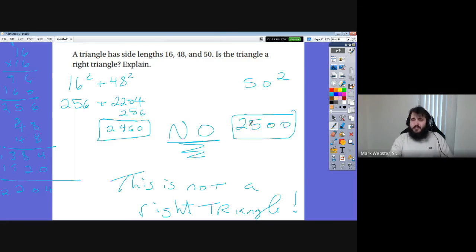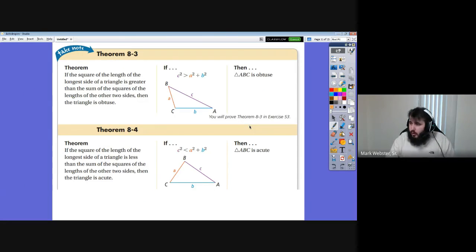All right, continuing forward. So if they're not the same, what do we do? I like to base it on what C is, what the hypotenuse is. Hypotenuse is too big. See how C squared is bigger? Hypotenuse is smaller.